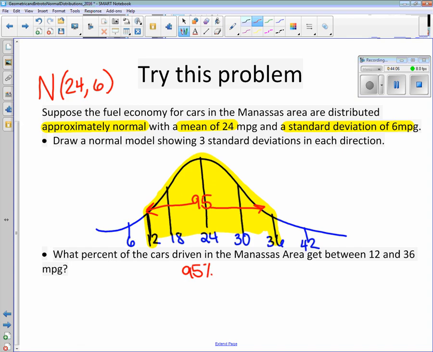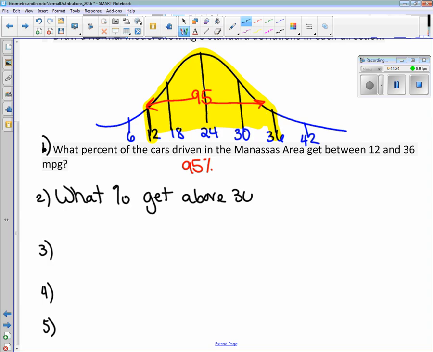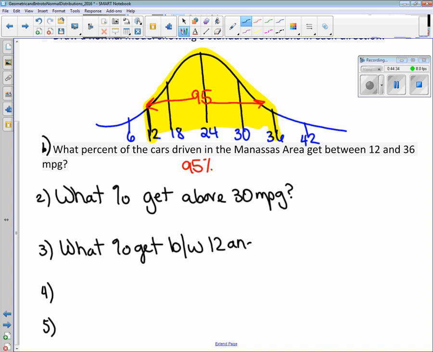So within 2 standard deviations, that's 95%. That's not hard. All right, I'm going to try some different questions for you, though. We're going to do several. What percent of the cars get above 30 miles to the gallon? What percent get between 12 and 42 miles to the gallon?